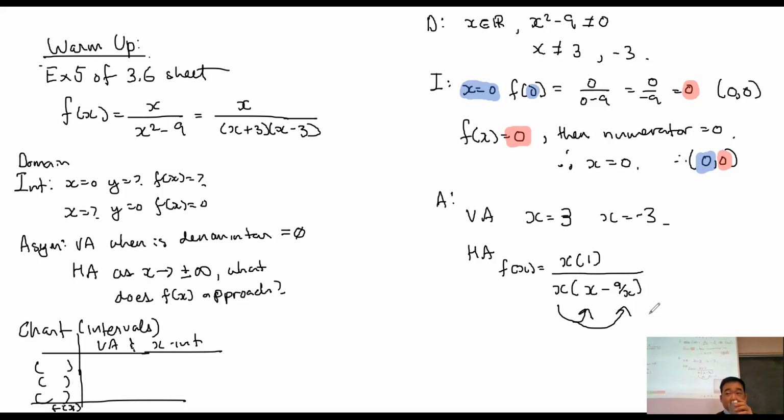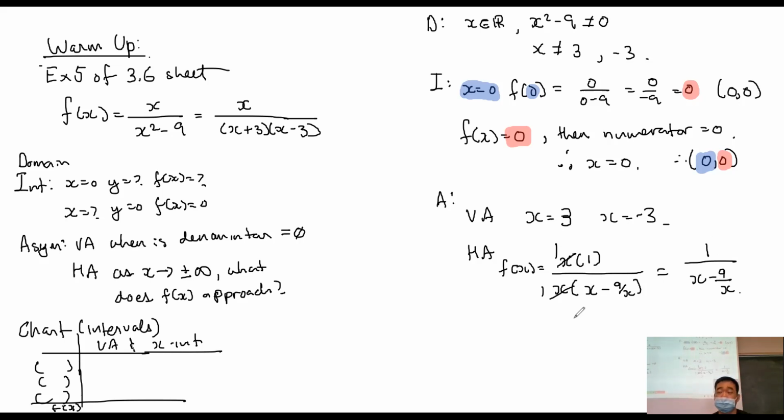You should get x squared minus 9. And again, we haven't made the x value equal to infinity. It's just some number. So some number divided by some number is going to be 1. So simplified, this is equal to 1 over x minus 9 over x.